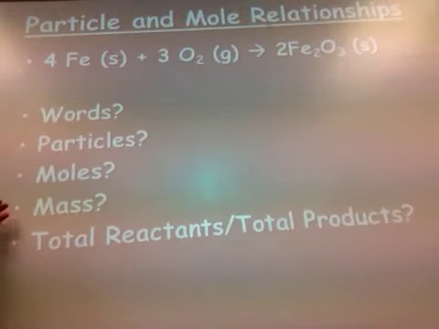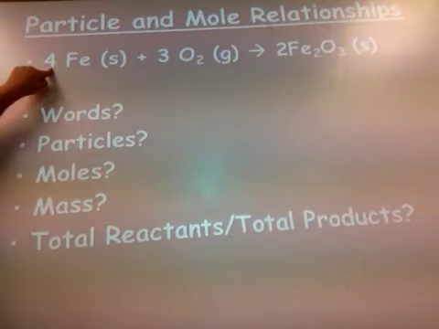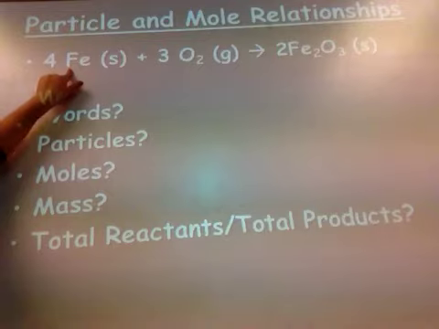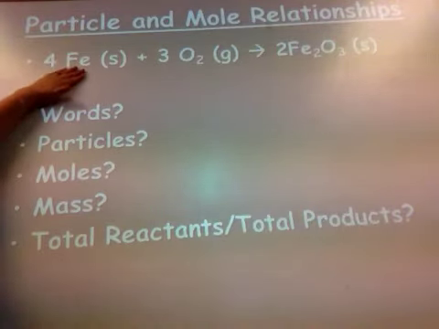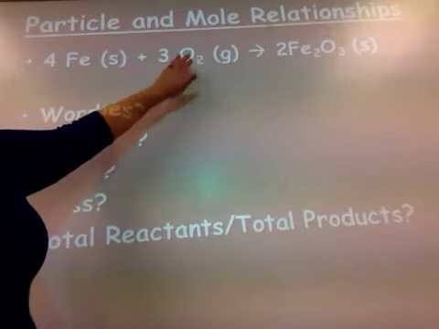So let's go back. If I wanted to know the mass of all of these. So we said iron has a mass of 56, but I have 4 of them. If I did 4 times 56, that would give me 224. So I have 224 grams of iron reacting with, we found that oxygen was 96 grams.